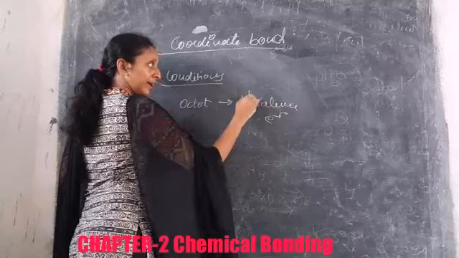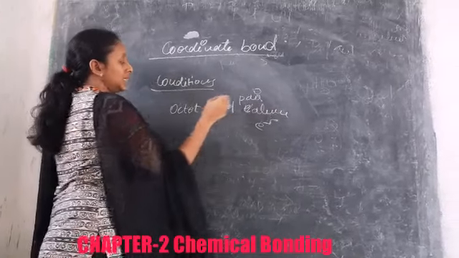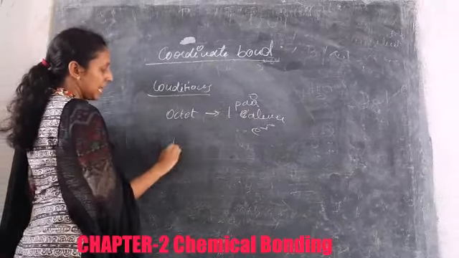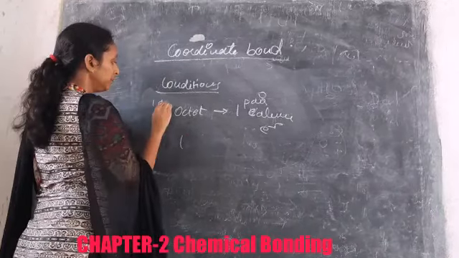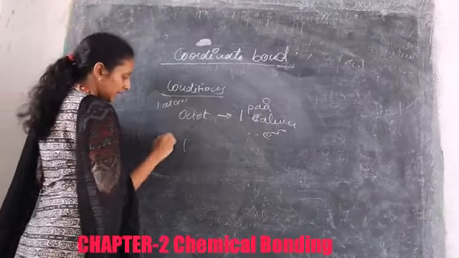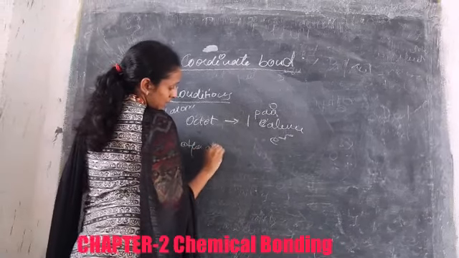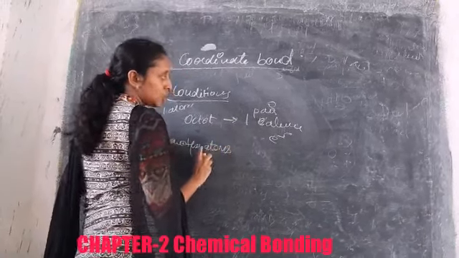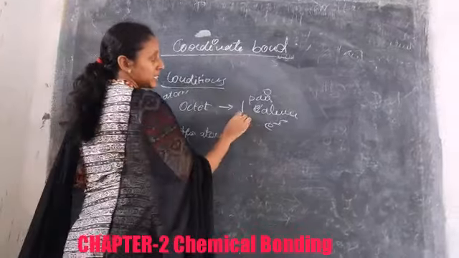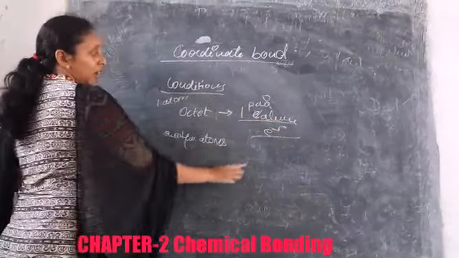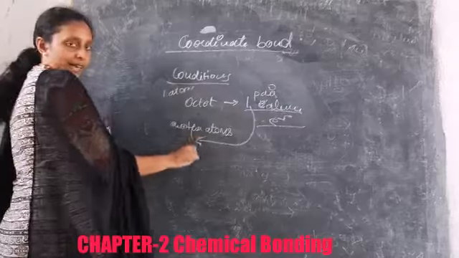And the another atom should have less by one valence electron, so that it will share its electron with this atom.